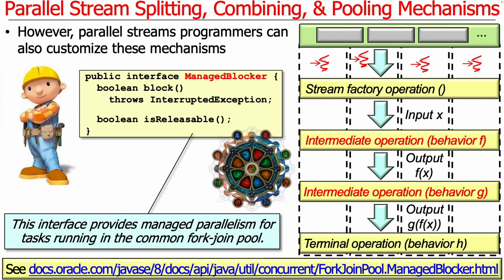But the way that the ManagedBlocker mechanism works in the context of the common fork join pool is that if those threads are created and then they're not used for a period of time, they are reclaimed. They're basically taken away. So things will temporarily grow, and then when the period of bursty operations goes away, they will shrink back down to the default size, which again is typically number of cores minus 1.